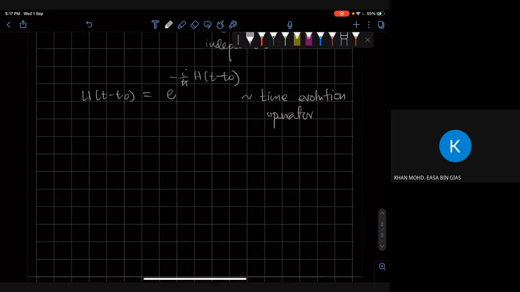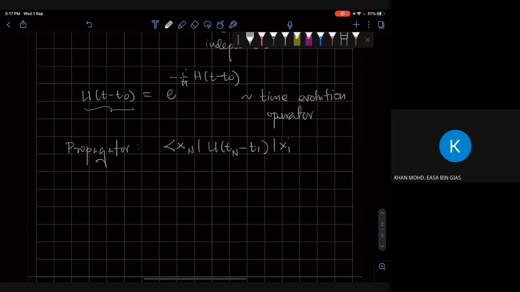And the propagator: this thing is also known as a propagator, but I like to call the propagator the position representation of the Schrödinger time evolution operator. So if I take some final position xn and sandwich it between tn and t1, sorry, I'm switching notation now, x1, this is what I would call a propagator.